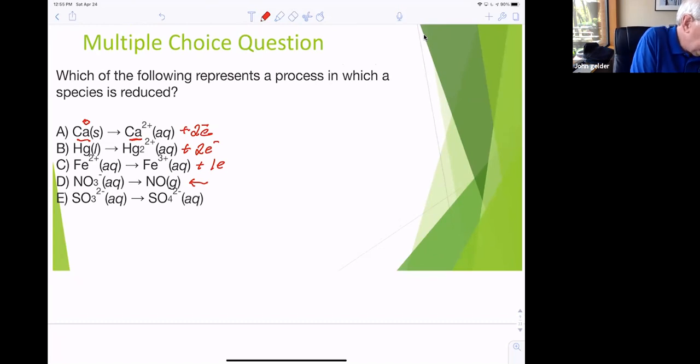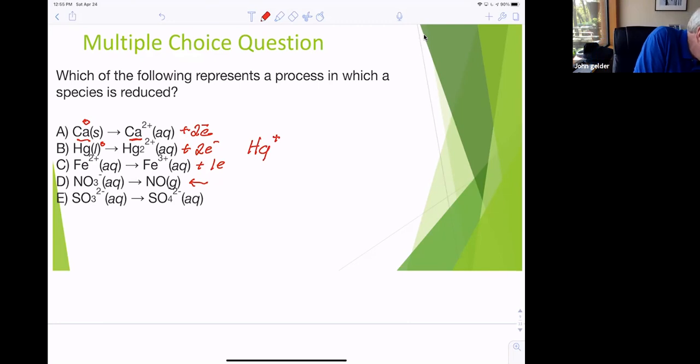In the case of B, mercury is a 0, and we can see that Hg2 2+, the mercury in both mercury atoms in this case have a +1 charge. So again, an increase in oxidation number, loss of electrons, is oxidation.